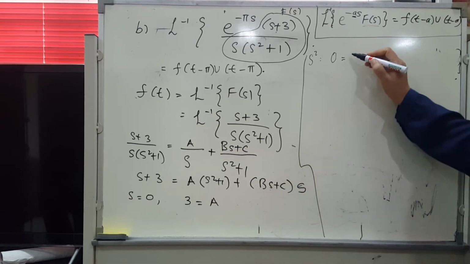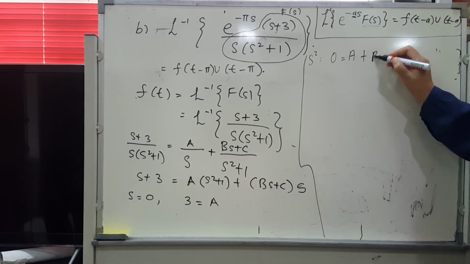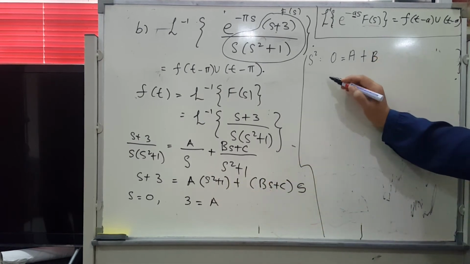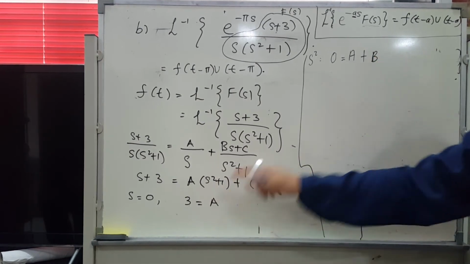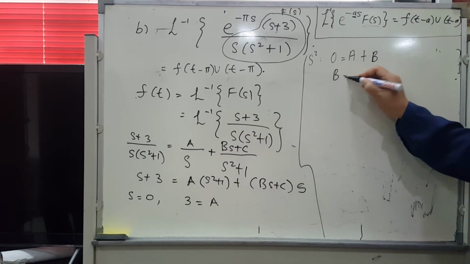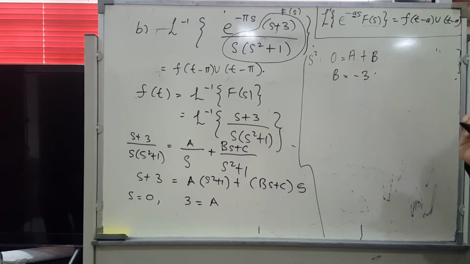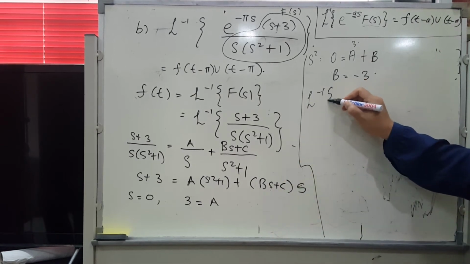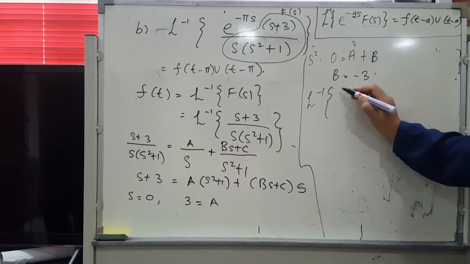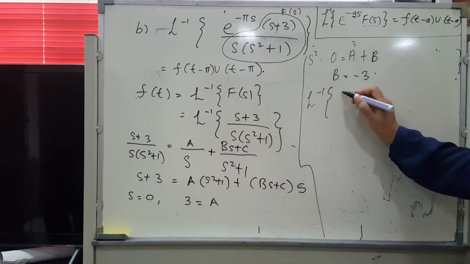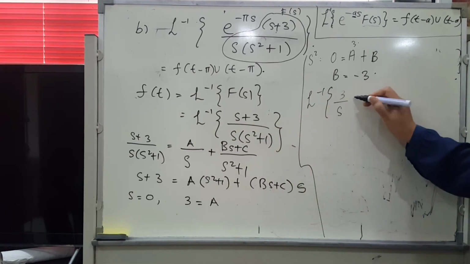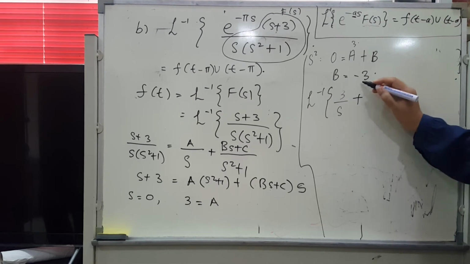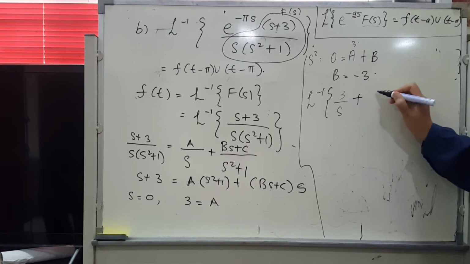The coefficient is B, so A plus B. We have just now A equals 3, so B equals negative 3. Now we substitute back into our partial fraction: A equals 3 over s plus B, B is negative 3 s.